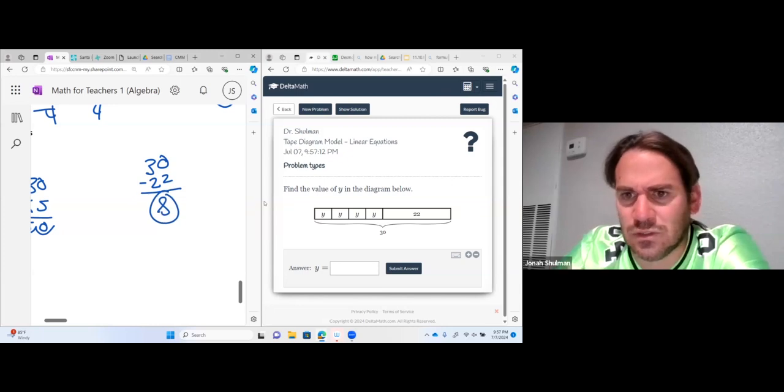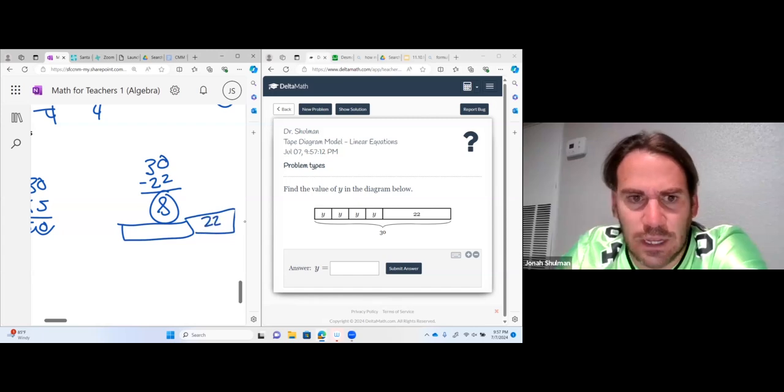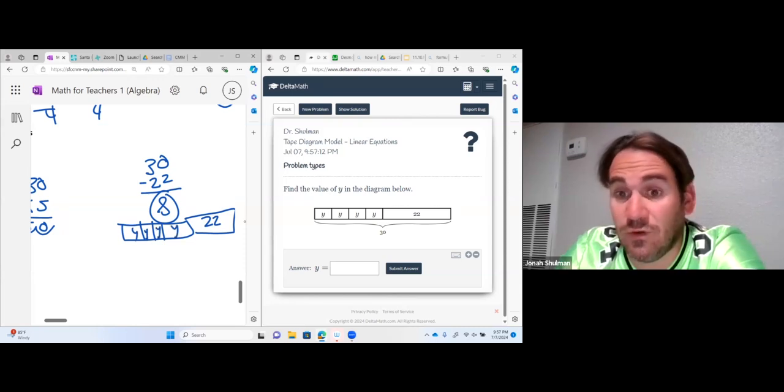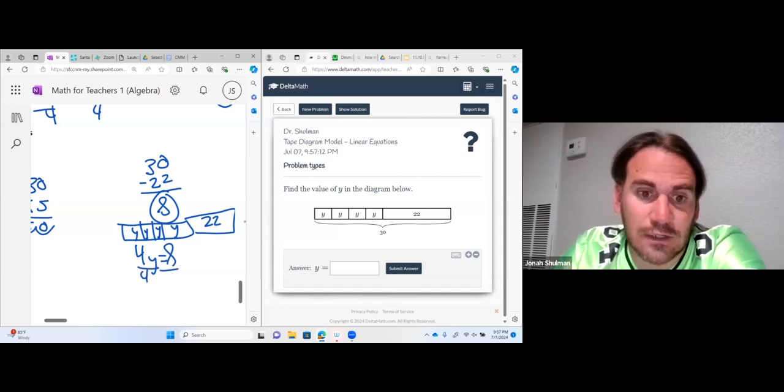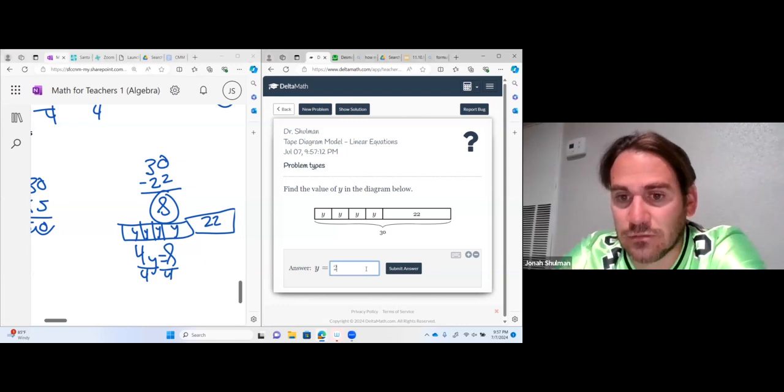So I have 4 y's that make up 8. If 4 y's equal 8, what does 1 y equal? It's got to equal 2, because look, 2, 2, 2, 2. We got it.